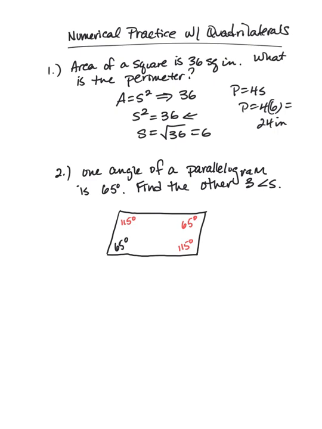They should add to 360 degrees, which they do, because 115 plus 115 is 230, 65 and 65 is 130, and when you add 130 and 230, you get 360. So that's just a built-in check. Okay, let's take a look at another example.